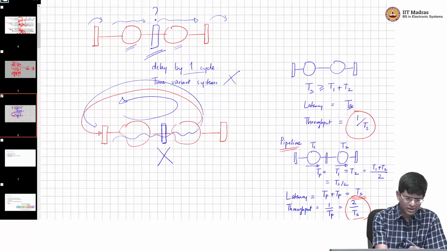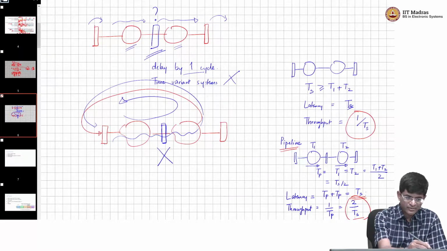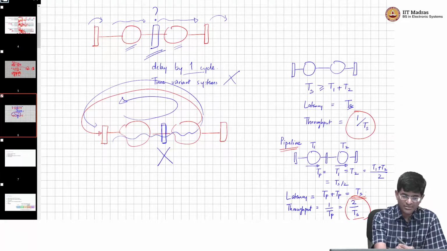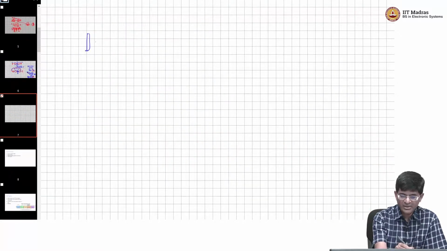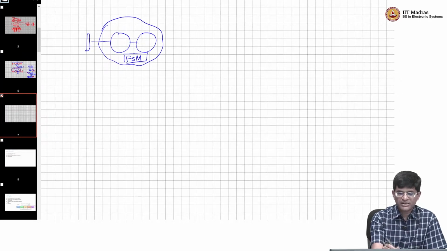Just to repeat, you cannot really get the benefit of this from a multi-cycle implementation. If I had, let's say, a multi-cycle implementation, it would look something like this. I would essentially be drawing a finite state machine over here.